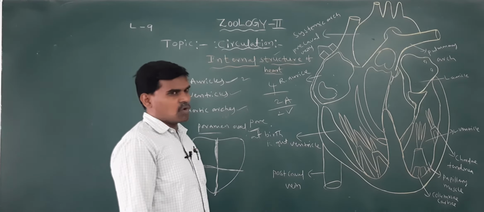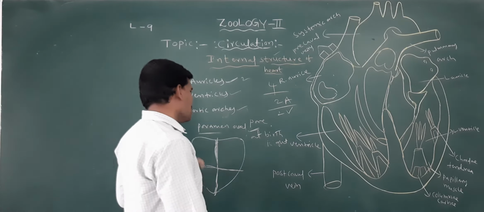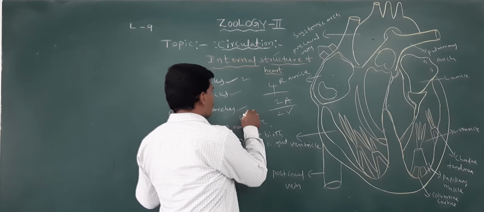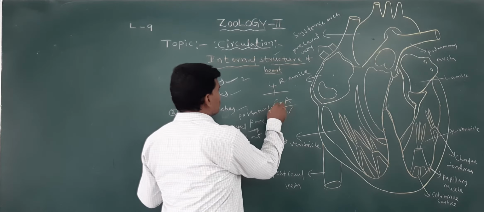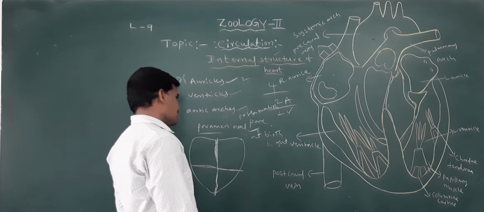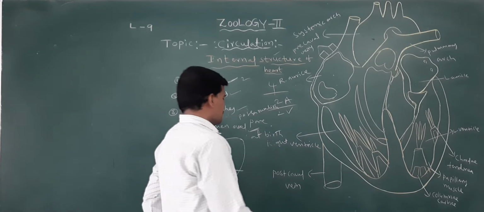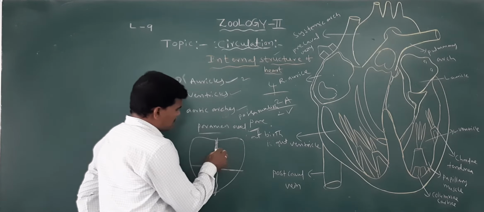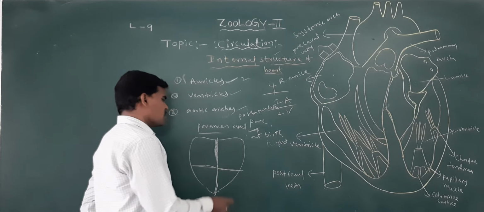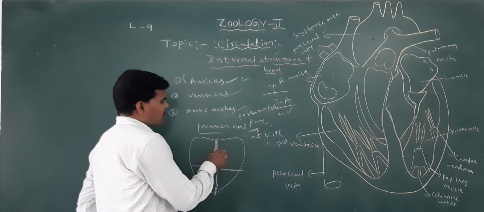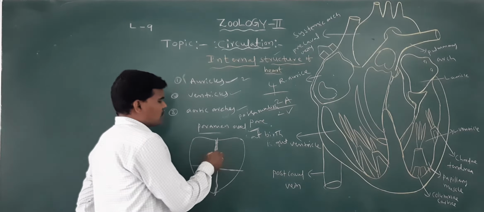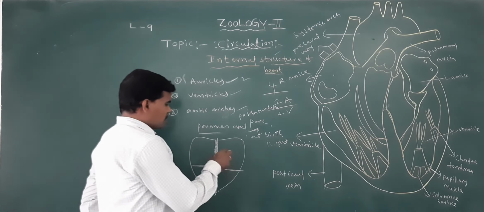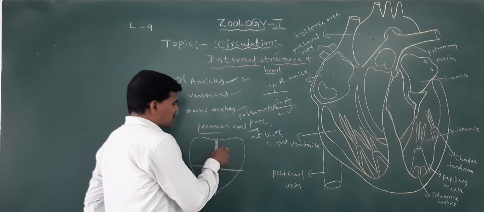The remnant is the fossa ovalis. Between the two auricles, a small hole is present in the heart.